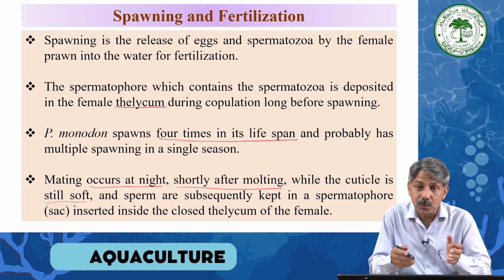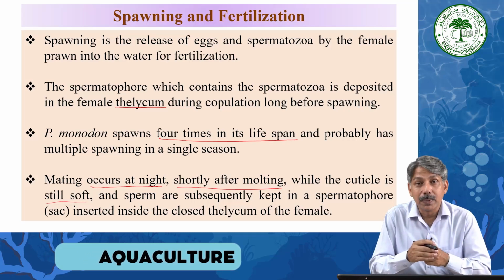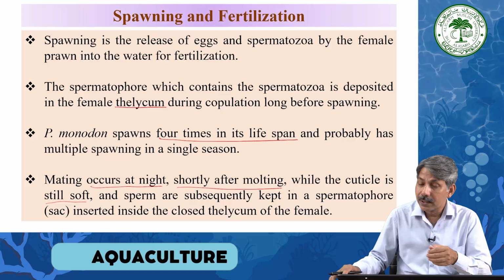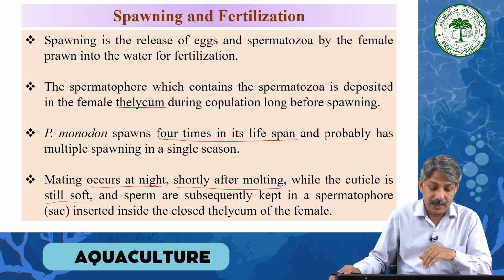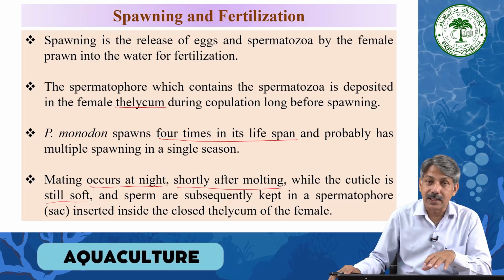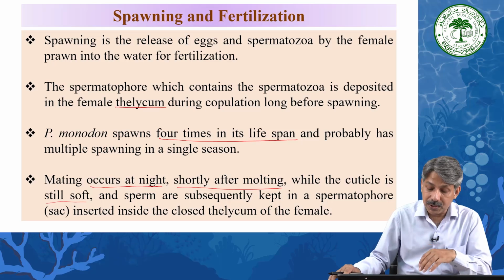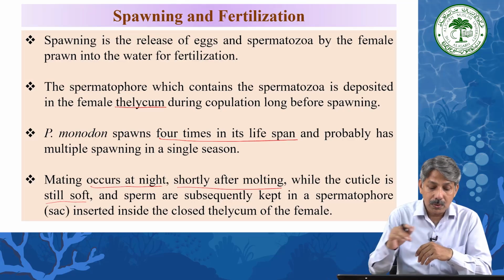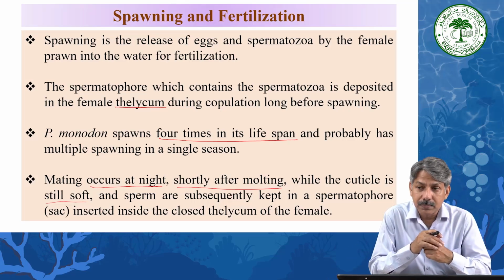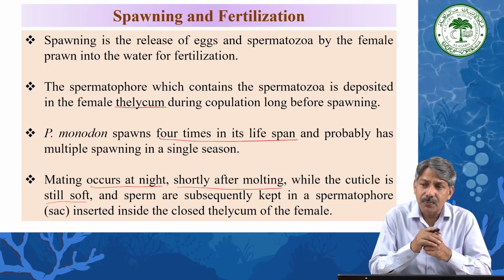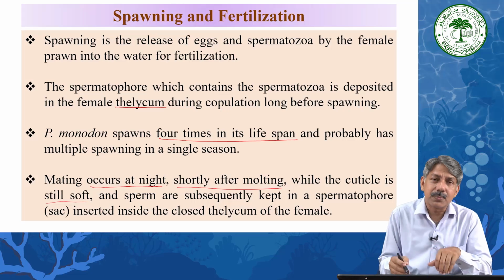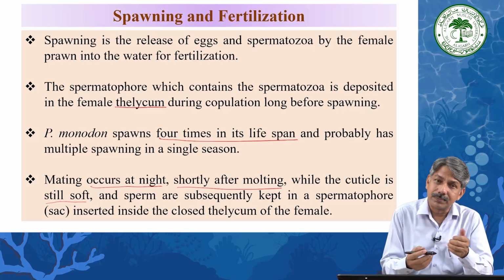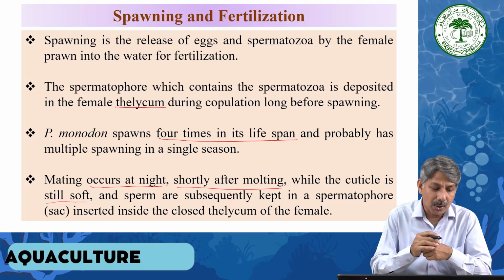So that refers to the spawning behavior of the prawn in natural conditions: what kind of conditions it requires, and how the process of breeding and spawning occurs. Molting can occur anytime, but more often during the night time. And all these steps are associated with the spawning process in case of prawns.